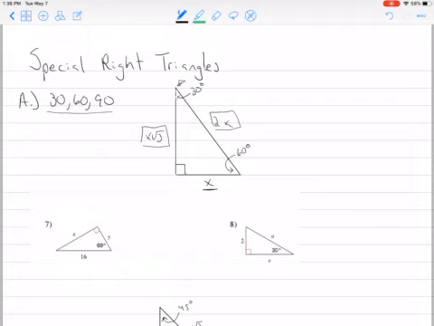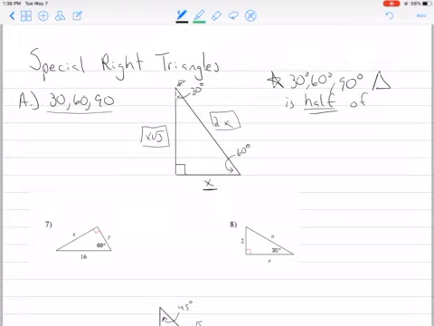Another thing that I want you to notice, actually I want you to write this down, is that a 30, 60, 90 triangle is basically half of an equilateral triangle, right?